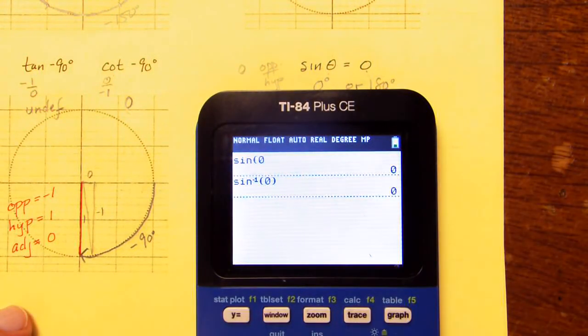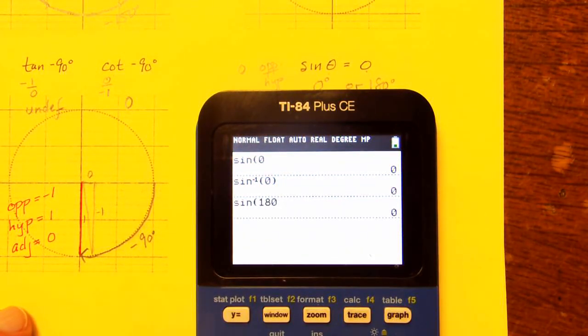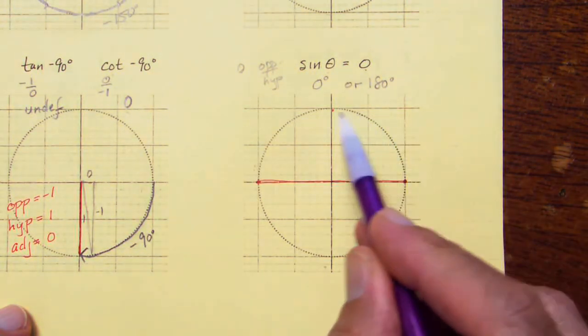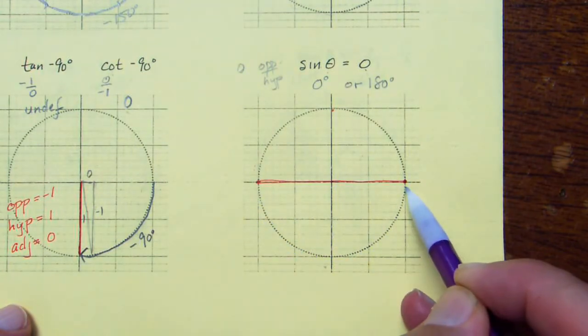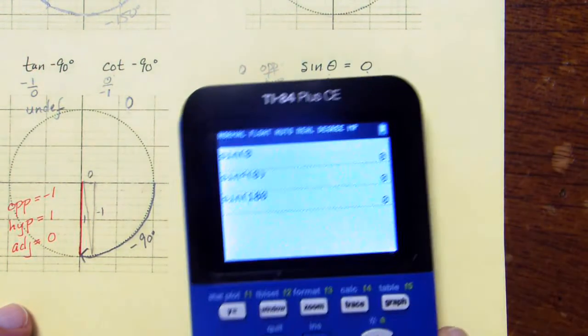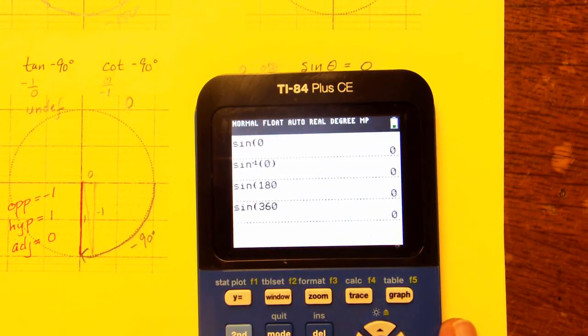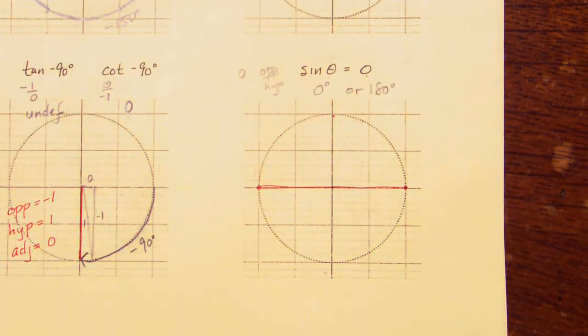And let's see if we can confirm that. So sine of 180 does equal 0. You could actually push it a little further and say, well, wouldn't 360 degrees work as well? So let's do sine 360. Why, yes, it does. 0. Okay. So again, remember, there's an infinite number of solutions one could find to this problem, and these are just three of them: 0, 180, and 360.